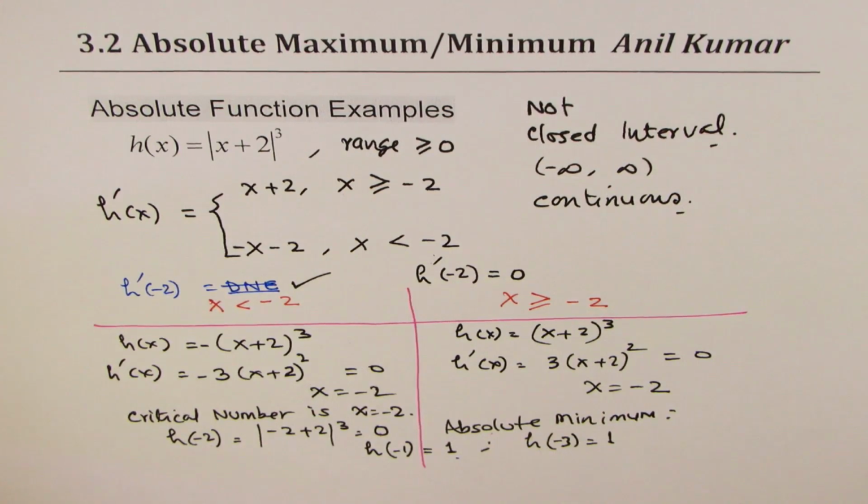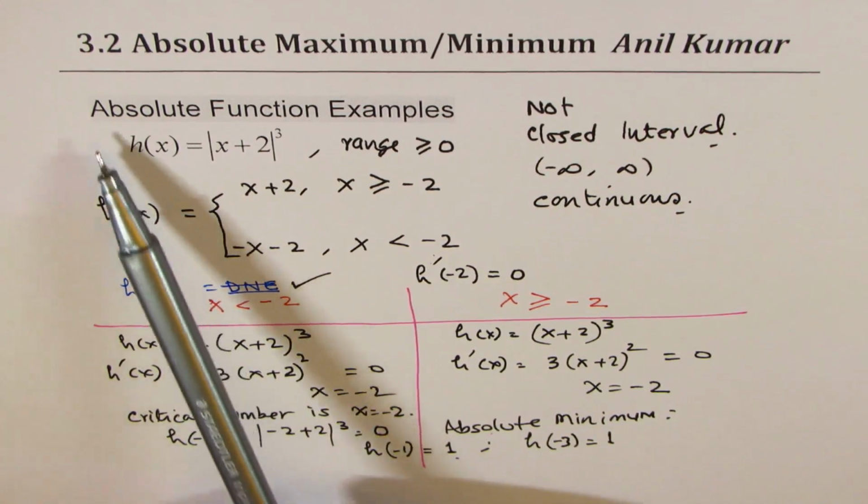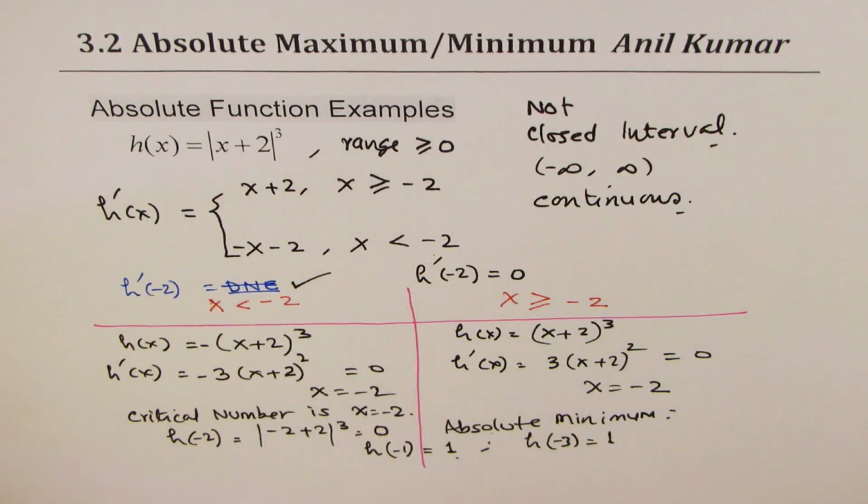So at times you can see that we can also have an absolute maximum or a minimum if the interval is not closed, right? We may not have both, but we can have at least one of them in some examples, correct? So that is the example which we have taken at the end.